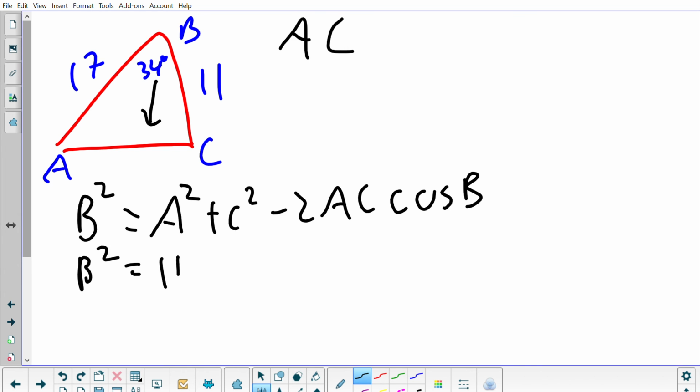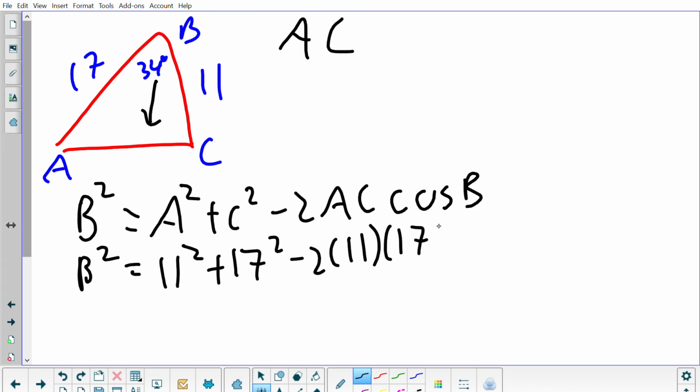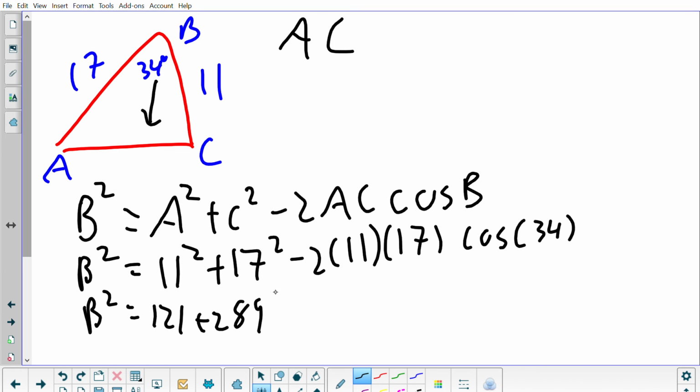A squared is 11 squared plus C squared is 17 squared minus 2 times 11 times 17. I know that the angle B is 34. Then I get 121 plus 289, 2 times 11 times 17, I got 374, and then cosine of 34, I got to be 0.8.